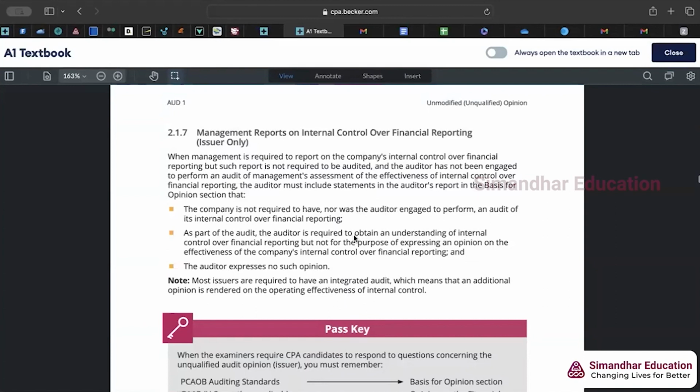Now, there are two types of 404 sections, 404A and 404B. There are certain requirements for you to mandatorily get your controls audited. If your market capitalization, that means your stock's value as of a certain date, and your revenue do not meet a certain threshold, then you don't require to get your audit done for controls. You're not required.